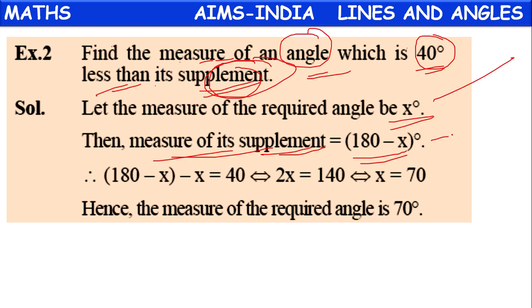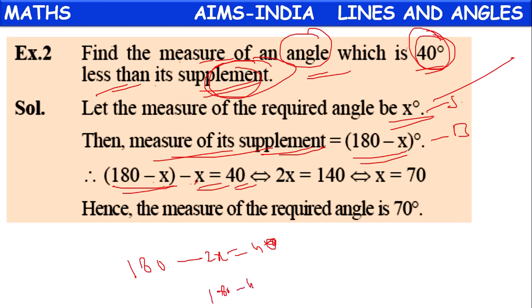So the supplement angle is bigger, and the required angle is smaller. Their difference is 40. So bigger angle minus smaller angle equals 40: 180 minus x minus x equals 40, so 180 minus 2x equals 40. Minus 2x will come to this side, and 40 will go to that side.